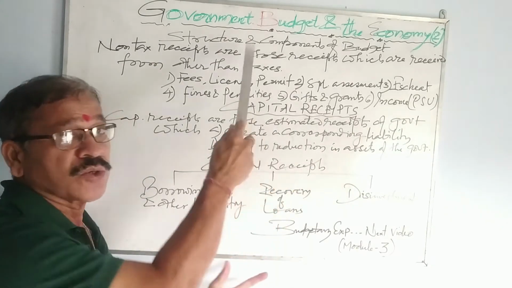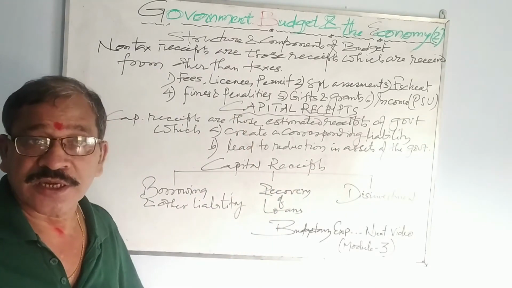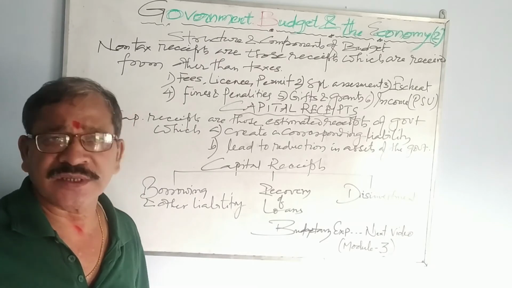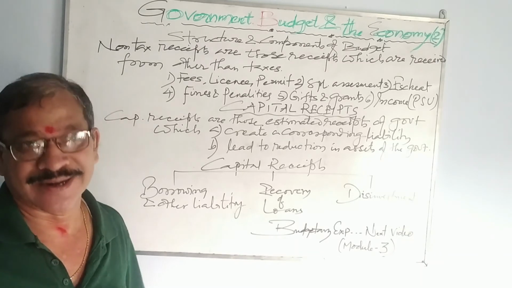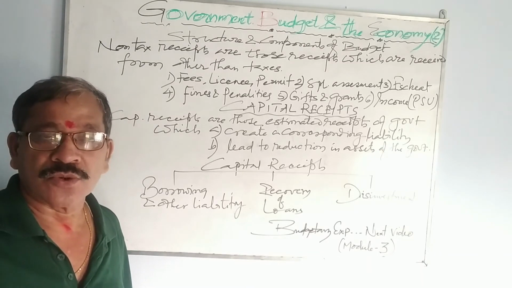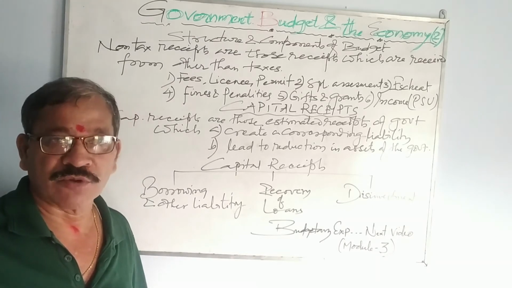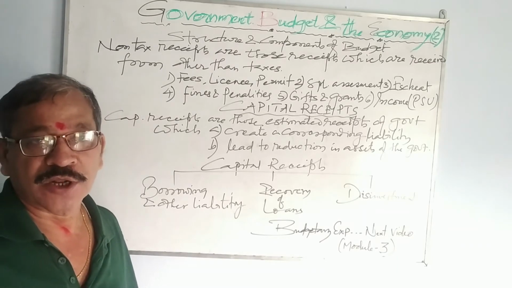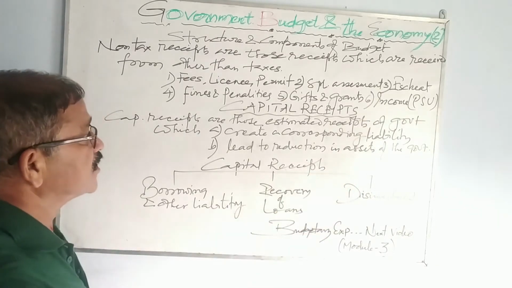Escheat means, suppose a person has a lot of property but doesn't have a legal heir. After his death, the entire property will go to the government, because that property has no legal heir. That is known as escheat.